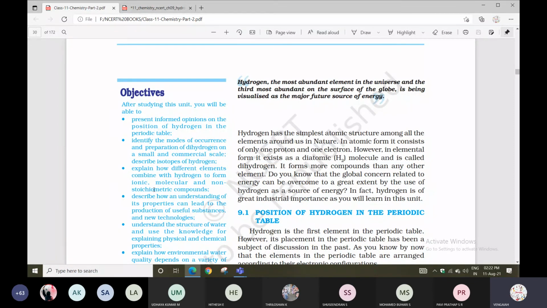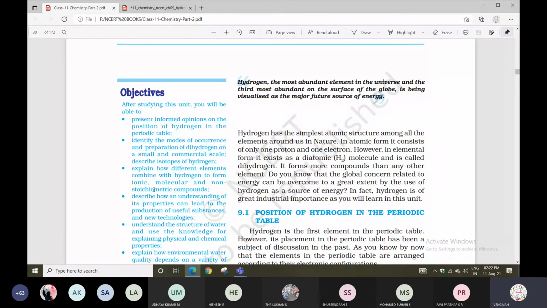Ionic, also called stoichiometric saline hydrides. Covalent is also called molecular hydrides. Metallic hydrides are non-stoichiometric. Ionic hydrides form when reacting with s-block elements. Covalent hydrides are classified into three types: electron deficient, electron rich, and electron precise. Electron deficient is when hydrogen reacts with group 13. Electron precise is when hydrogen reacts with group 14. Electron rich is when hydrogen reacts with groups 15, 16 and 17.